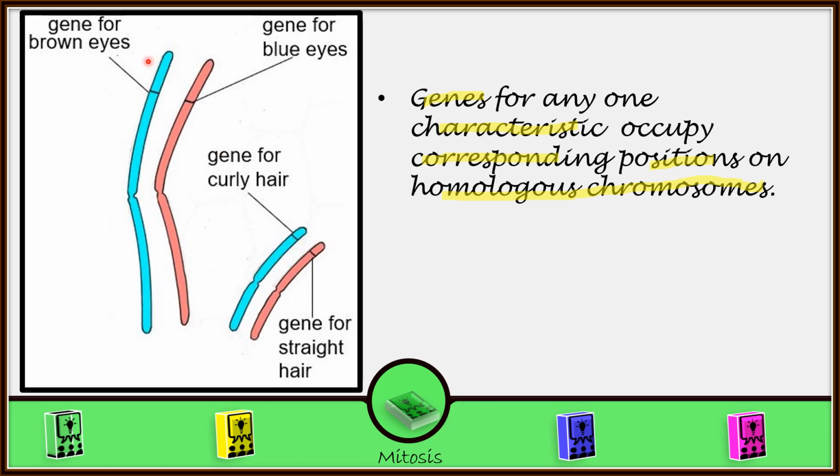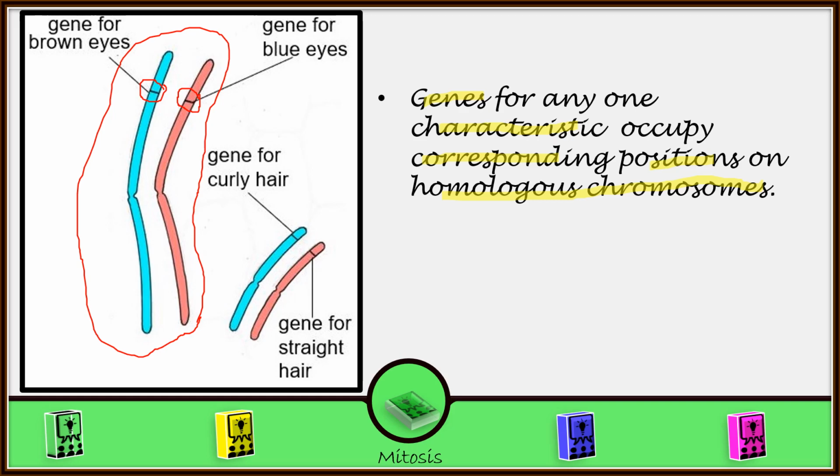Now, these homologous chromosomes have what we call genes. The genes are located on the chromosomes, and those genes control particular characteristics. Let us look at this homologous chromosome here. One chromosome, coming from a parent, has a gene at this location, and on the same location on the other chromosome there is also a gene.